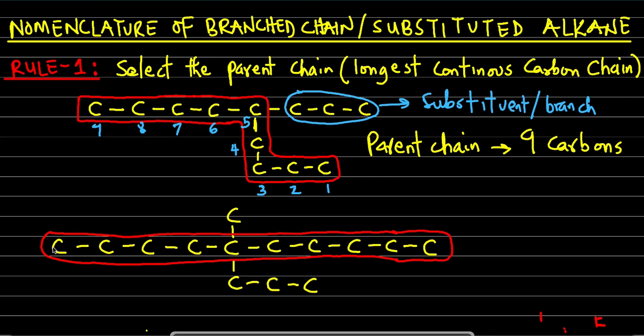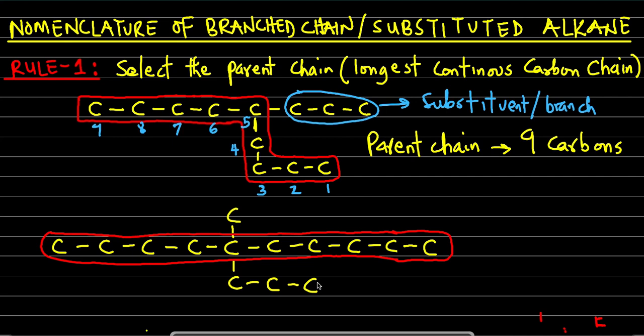Now, if you look at the second example, here we have 1, 2, 3, 4, 5, 6, 7, 8, 9, 10. This one is 10. We also have 1, 2, 3, 4, 5, 6, 7, 8. Remember, the parent chain is always the longest continuous chain. It may be the one on the horizontal axis, or it could run through vertically and then go down, as long as it is still continually moving.